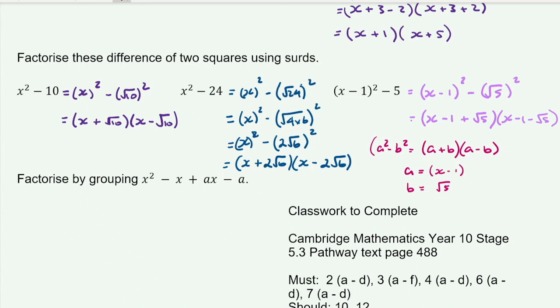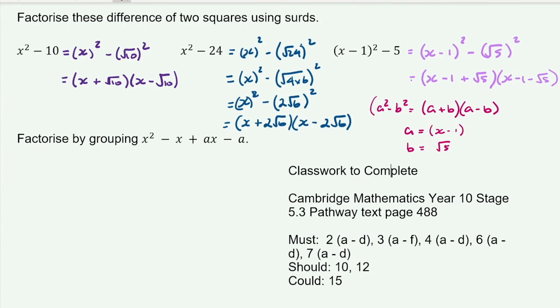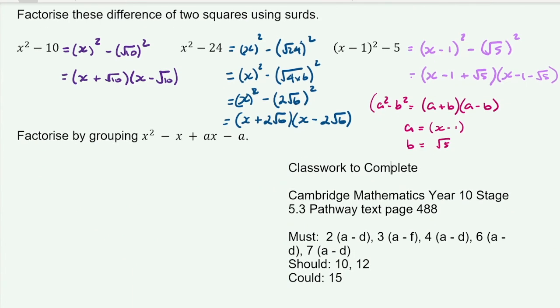This last one is a grouping question. We're going to factorize this one through grouping. So what I'm going to do is I'm going to rewrite this question. So I've got x squared minus x plus ax minus a. And I'm going to rewrite that as a group.